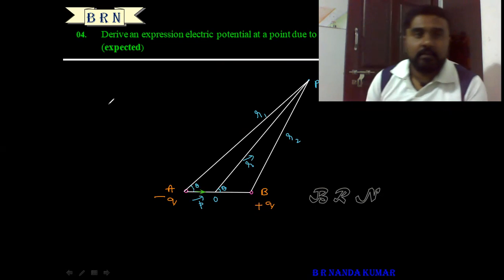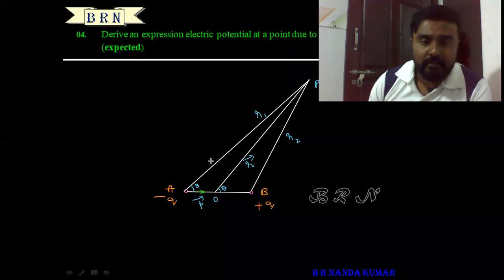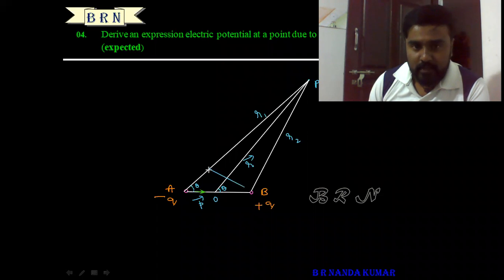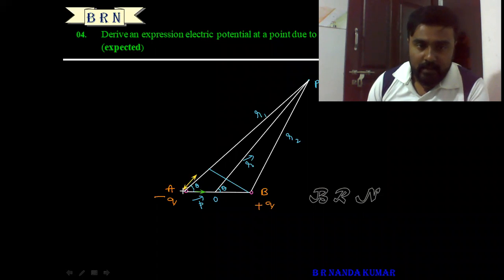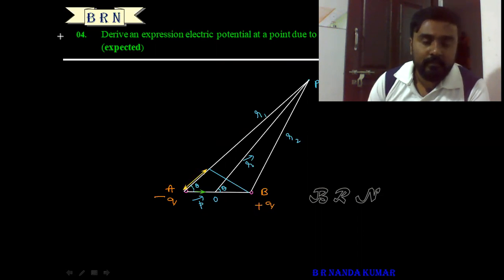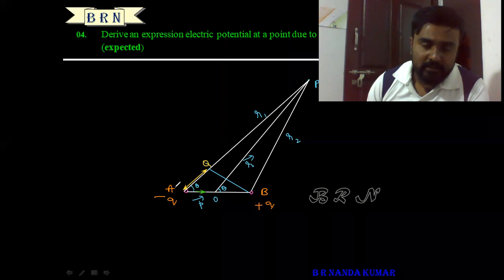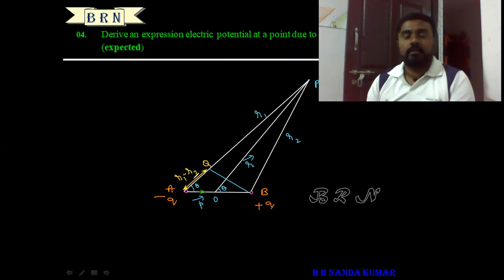Now we must draw an imaginary perpendicular. What is the distance from A to this point, Q, that I am mentioning? So that is R1 minus R2.